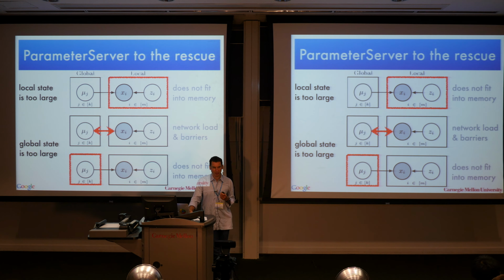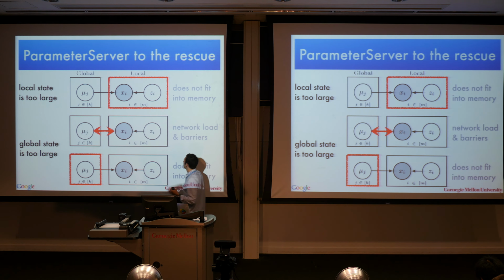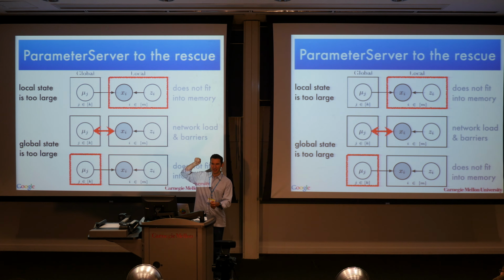So now how can you address the issues that I brought up? The first thing is that the local state is way too large. Those variables don't really fit into memory. But the good thing is they don't have to, because if I need to know what a particular document does or what a particular image does, I can just load that local state back into memory when I load the document into memory.